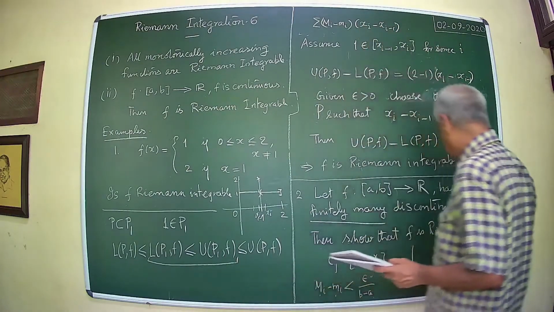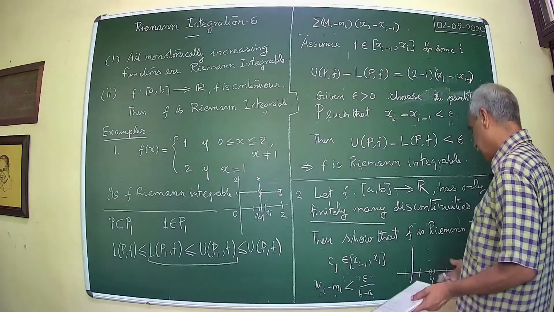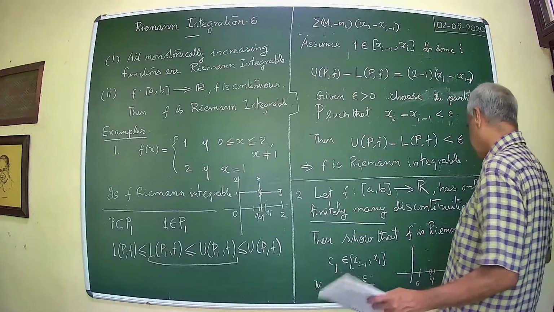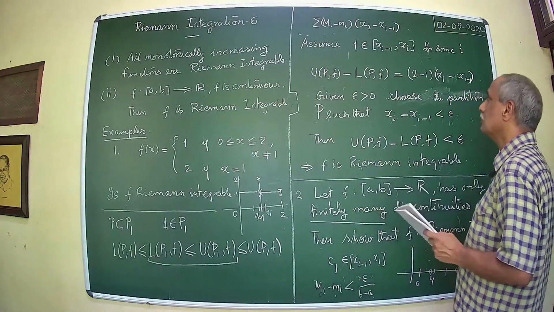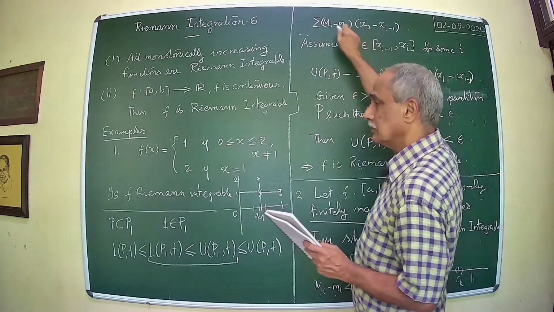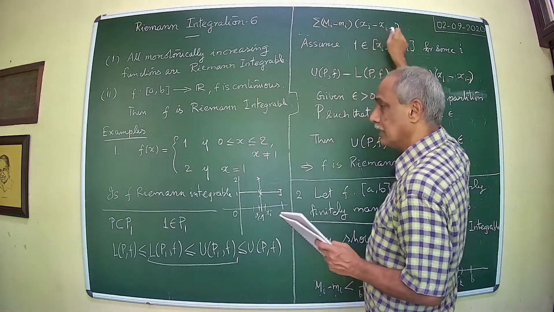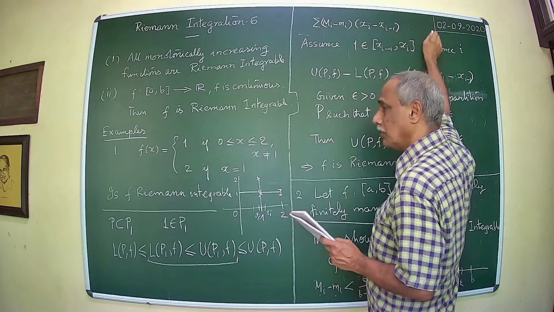Because there are finitely many points, you can separate it. So no difficulty, you can choose the interval small enough so that the interval contains only one discontinuity. Now we estimate the first part separately and the second part separately so that the sum is as small as this.